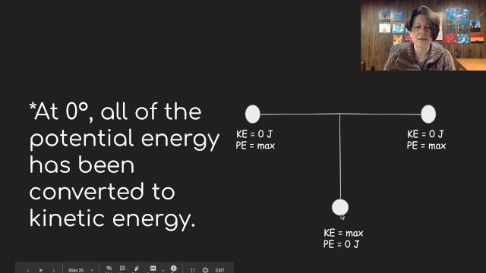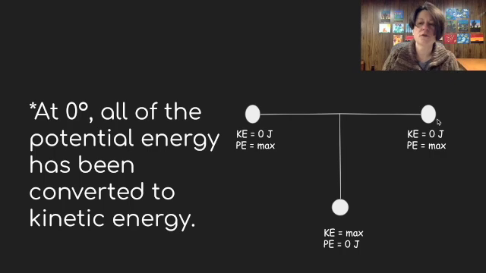Now, I don't have any more slides, because the trend goes back the other way in reverse. As it goes up here to another 45-degree angle, it's half kinetic and half potential. And then as it goes back to 90 degrees, it's back to 0 kinetic energy and maximum potential energy because it stops for just a split second before it starts to swing the other way and the cycle continues back and forth.